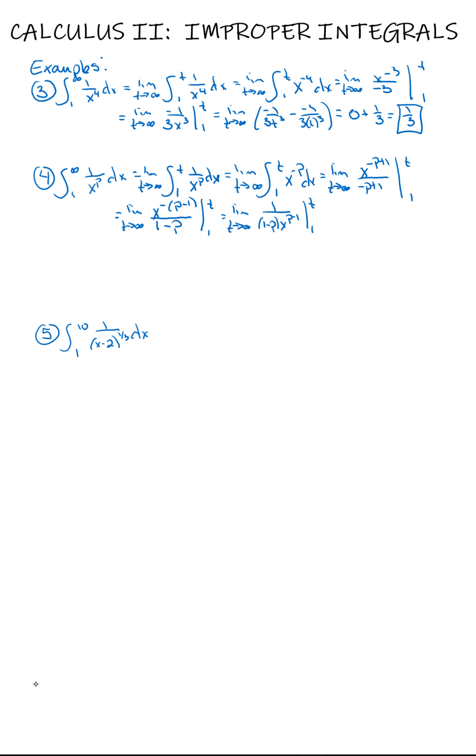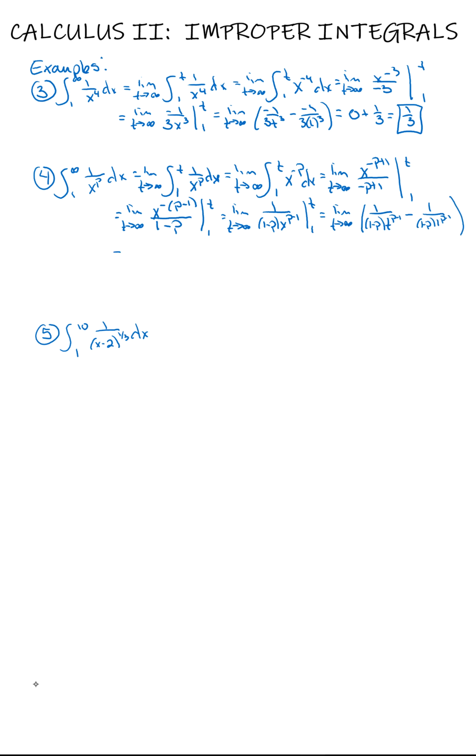Okay, so now let's go ahead and try to evaluate that and see what we get. So this is the limit as t goes to infinity of 1 over 1 minus p times t to the p minus 1, minus 1 over 1 minus p times 1 raised to the p minus 1.